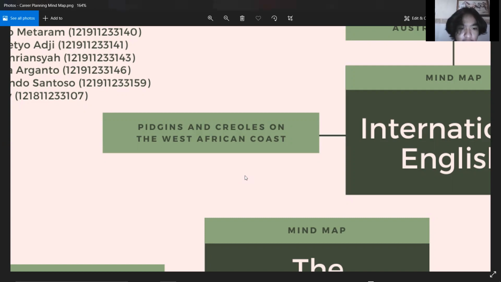And the tenses and aspects of West African Pidgin English are also non-inflectional.